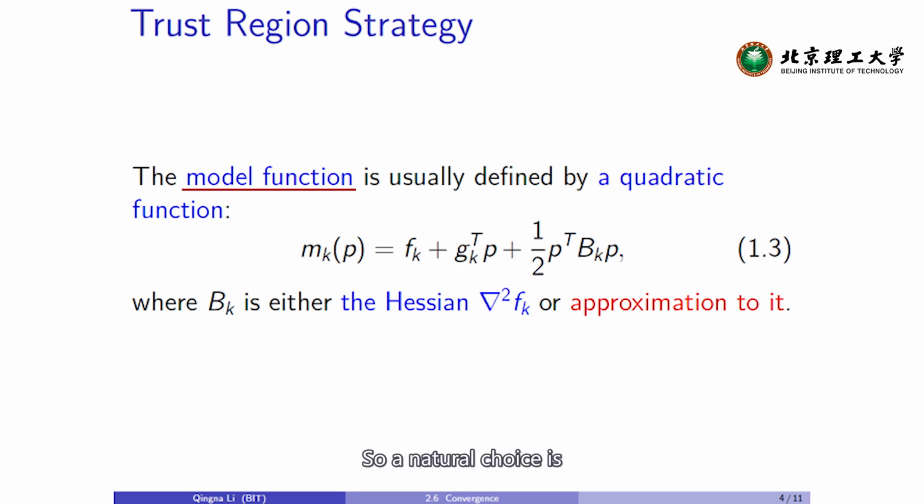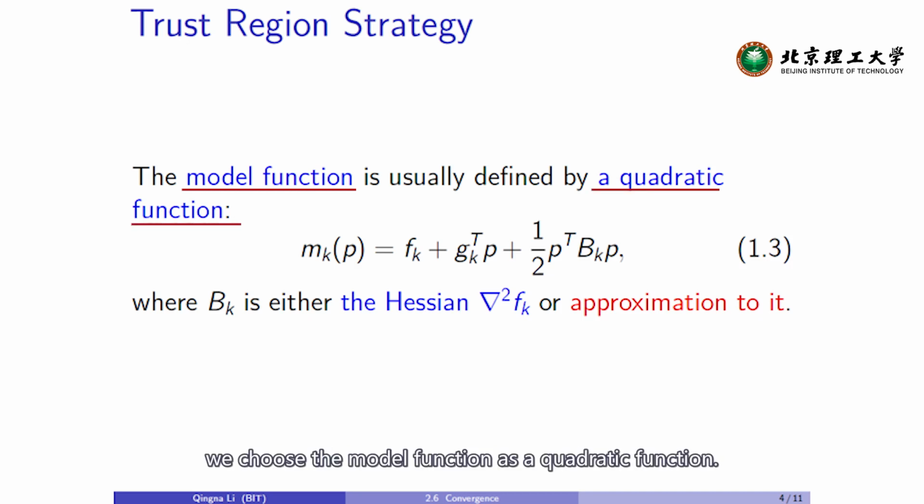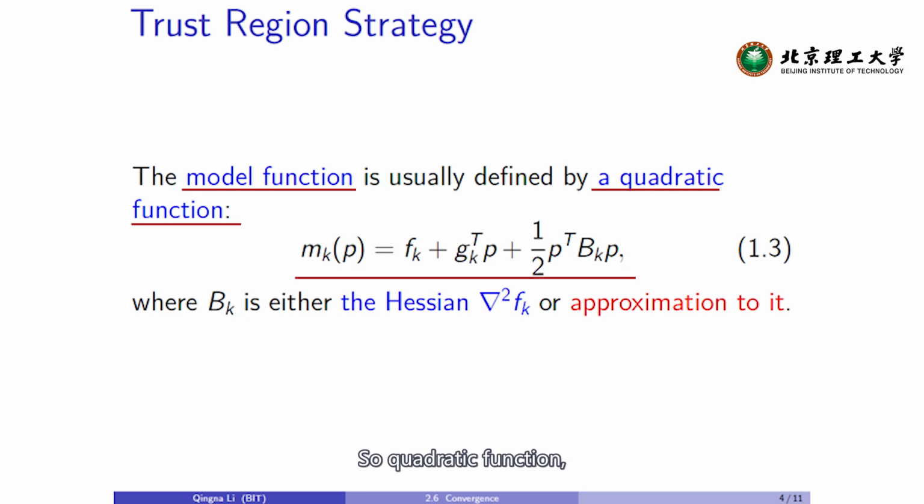So a natural choice is to choose the model function as a quadratic function. We are very familiar with that kind of function, and we hope that in a reasonable trust region area, this quadratic function will approximate the original one very well.